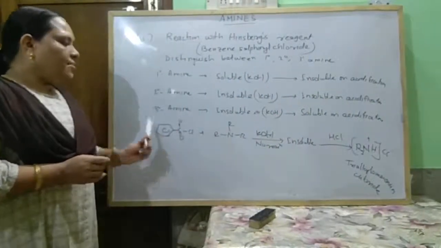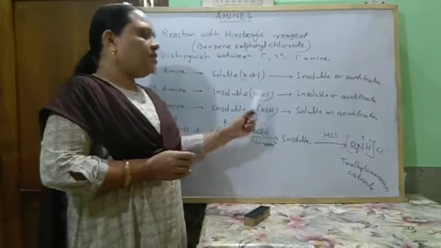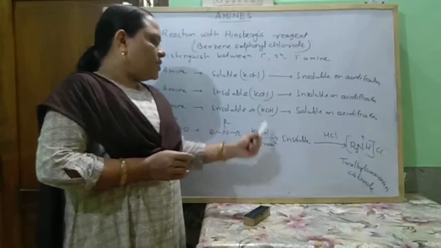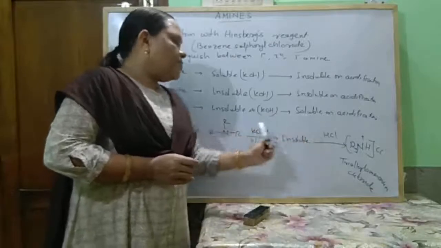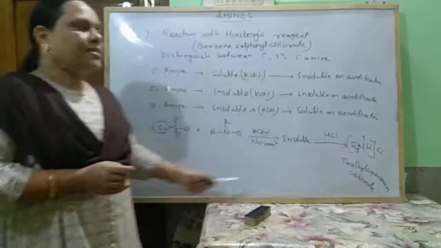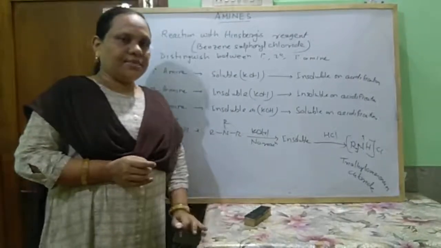And tertiary amine does not react with benzene sulfonyl chloride. It forms an insoluble compound or precipitate with potassium hydroxide, and this is soluble on acidification. In this way, primary, secondary and tertiary amines can be distinguished.